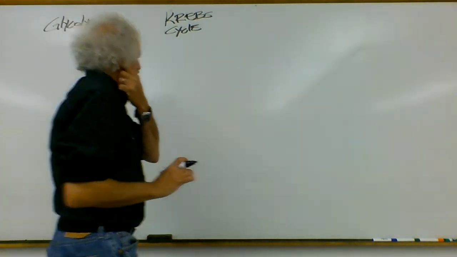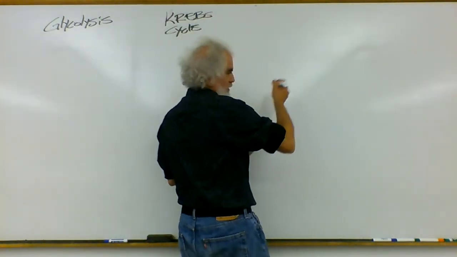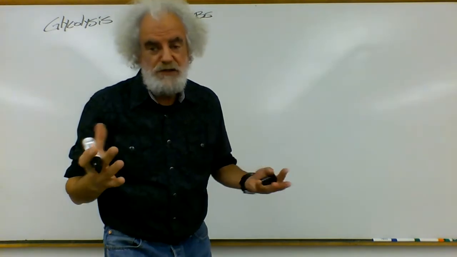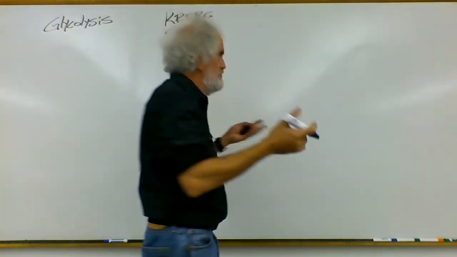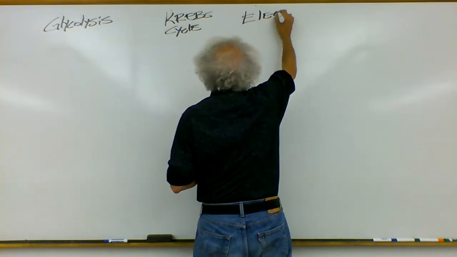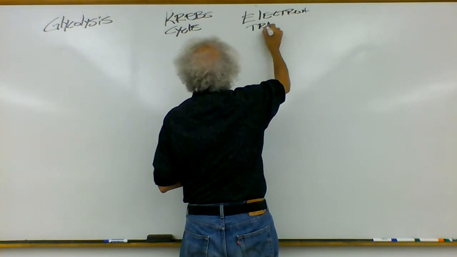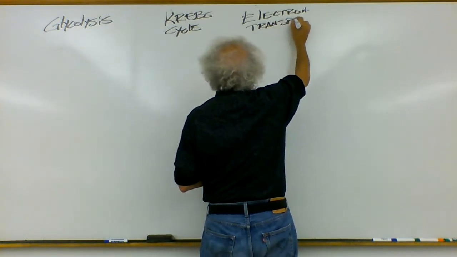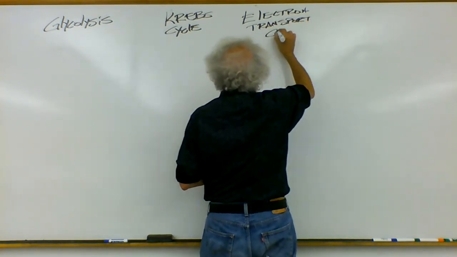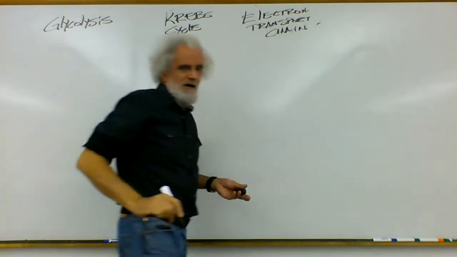The last part of this is the newest part that actually wasn't discovered until like the mid-70s, but there you go. And it is known as the electron transport chain. All right.